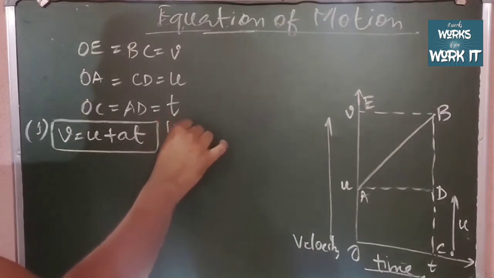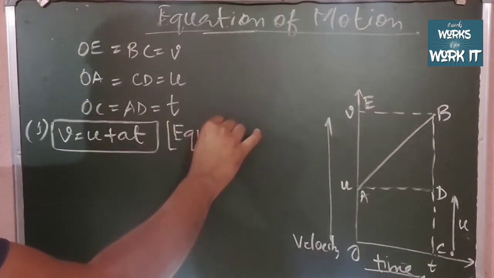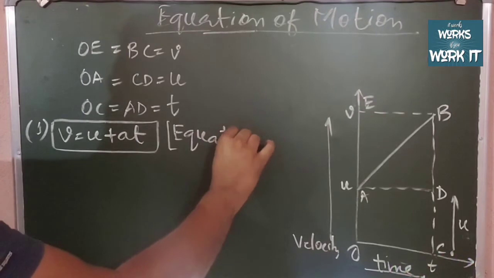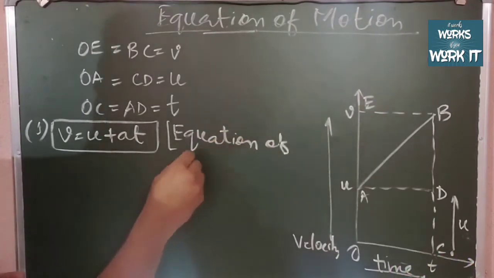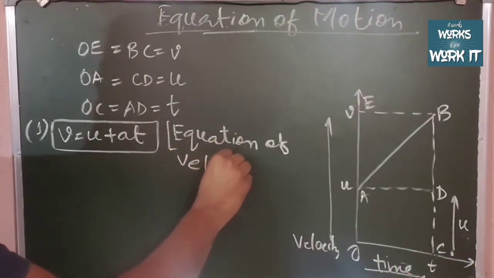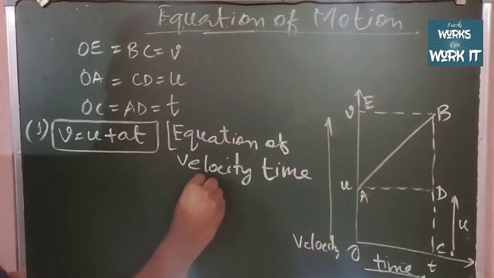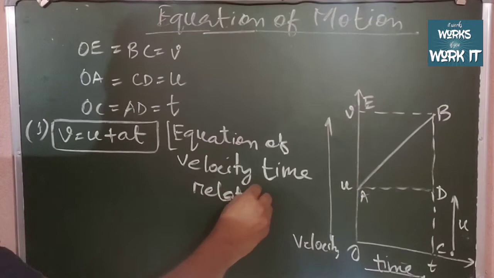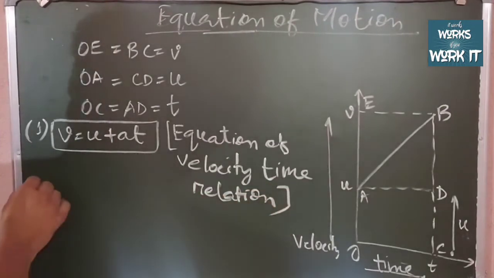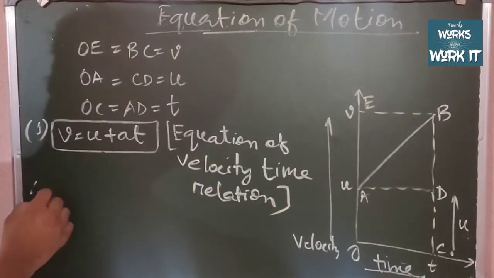This equation is also called the equation for velocity time relation. So velocity time relation is the other name of this equation.